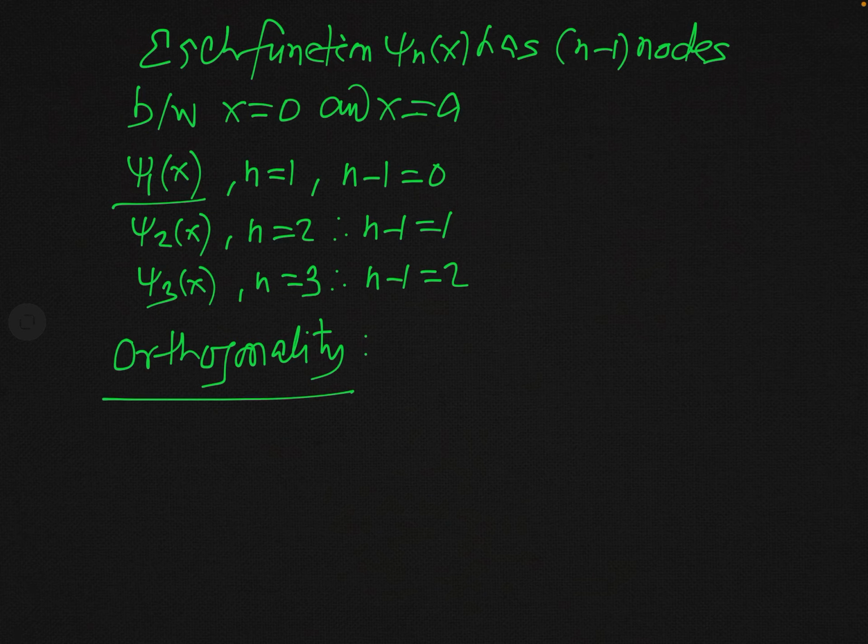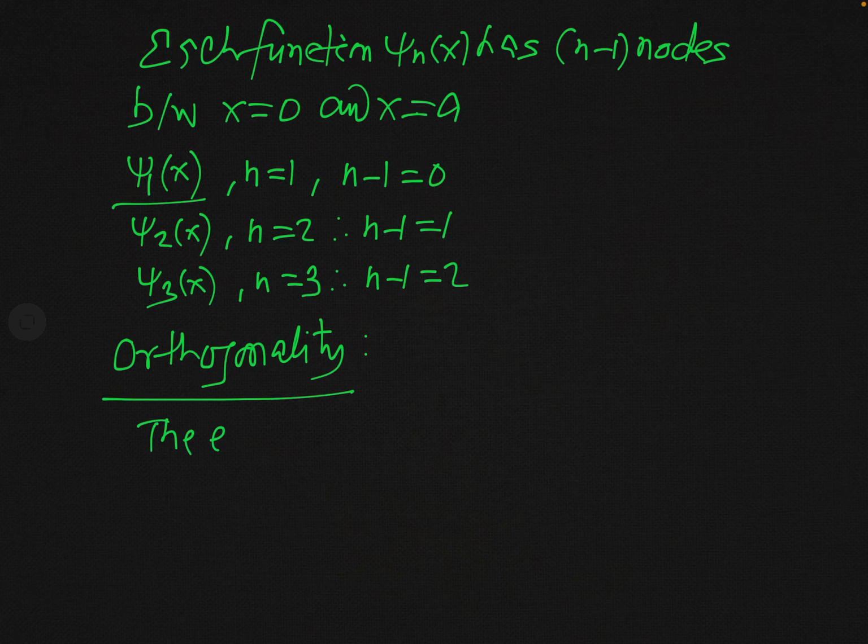And you know that two different eigenfunctions are called orthogonal when their scalar product vanishes. So if you consider two eigenfunctions, psi n of x and psi m of x, and you find the scalar product of those two, and if that scalar product is 0, then you say that the eigenfunctions are orthogonal.